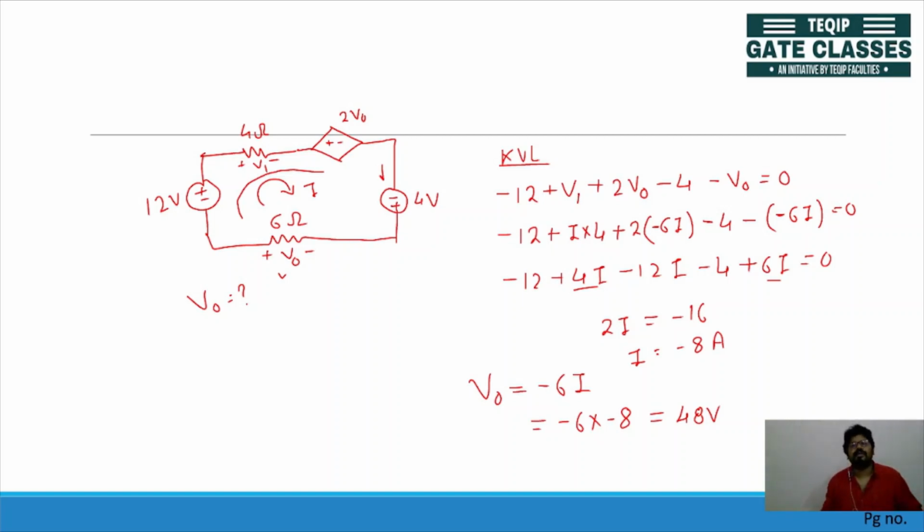Then when we are applying Ohm's law, we write the voltage as IR if the current is entering in the positive terminal, and we'll write minus IR if the current is entering in the negative terminal.